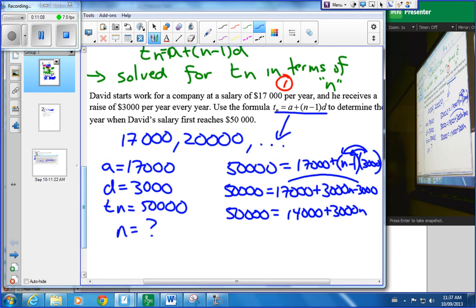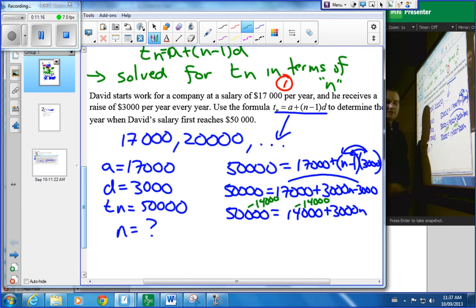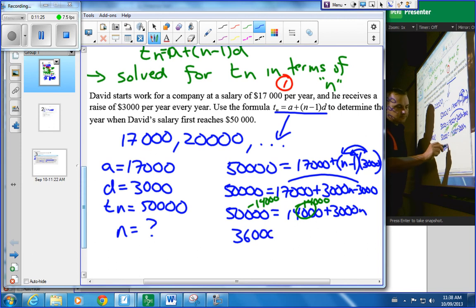Right? Subtract 14,000. It's going to get a little messy here. Let's change colors. Subtract 14 from both sides. Why do we subtract 14? Because we want to get that to 0. So we made a 0 here. And on this side, we're left with 36,000. And we still have the 3,000n.